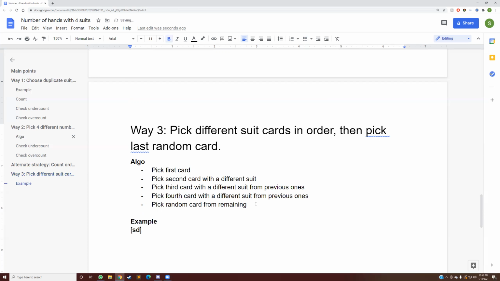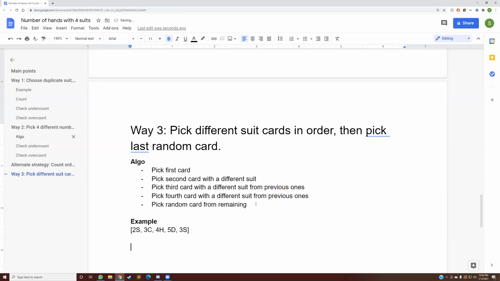Any card. 2 of spades, then 3 of clubs, 4 of hearts, 5 of diamonds, and then pick a 3 of spades.